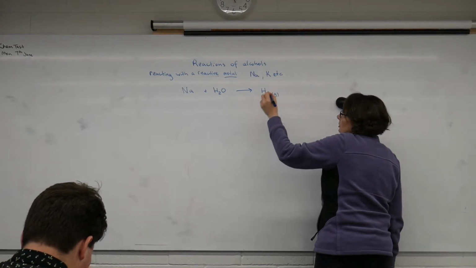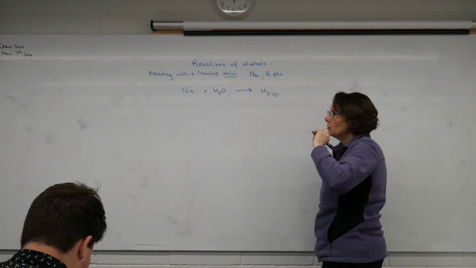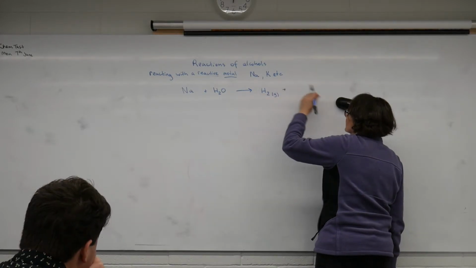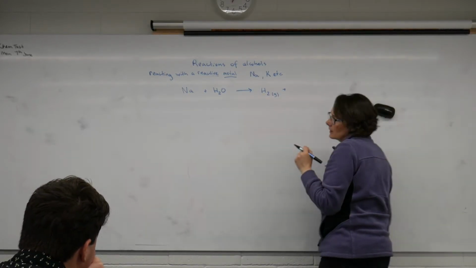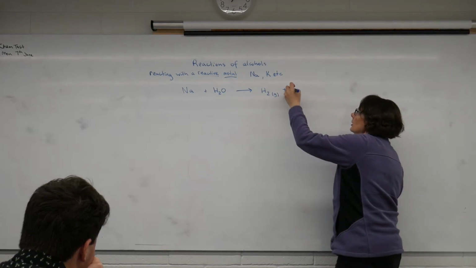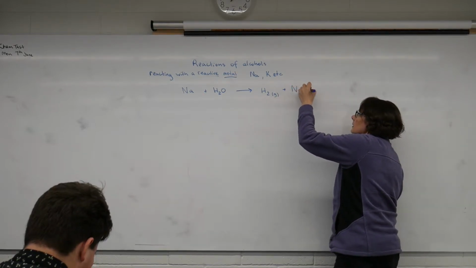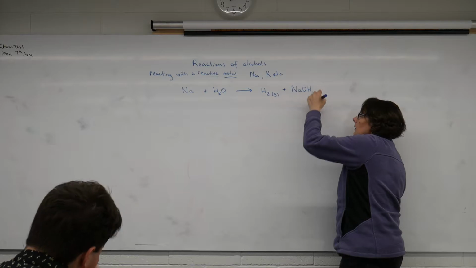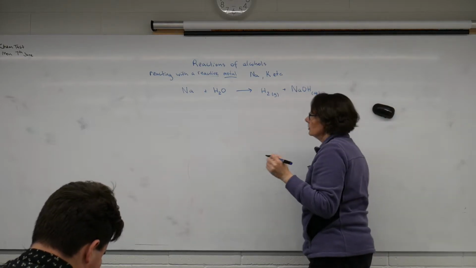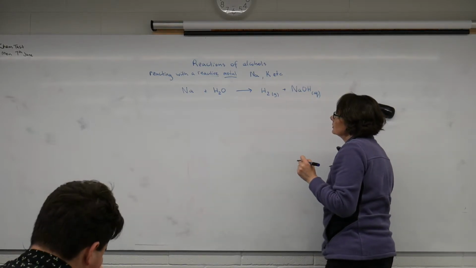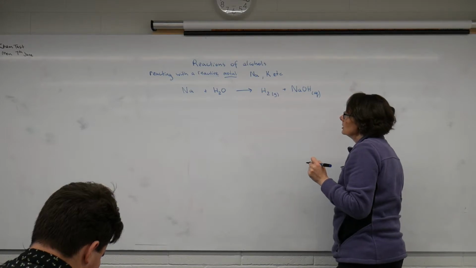It's not on the formula sheet anymore. What's our other product? Sodium hydroxide. Okay, this whole reaction needs to be on your formula sheet. So this is not balanced, is it? What do I need to do?